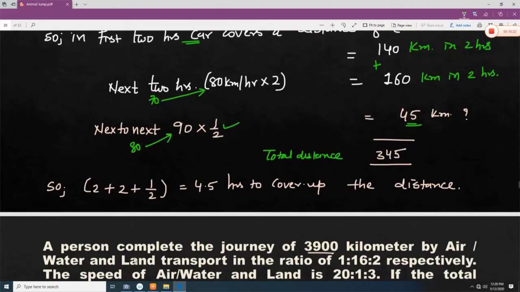So the car is running for a period of 2 hours at 70 kilometers, 2 hours at 80 kilometers, and half an hour at 90 kilometers. So 4.5 hours to cover the distance of 345 kilometers.